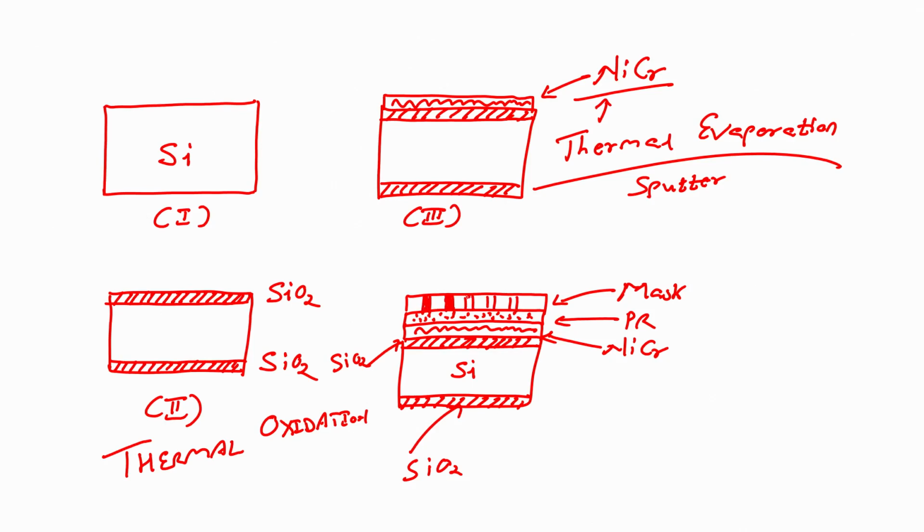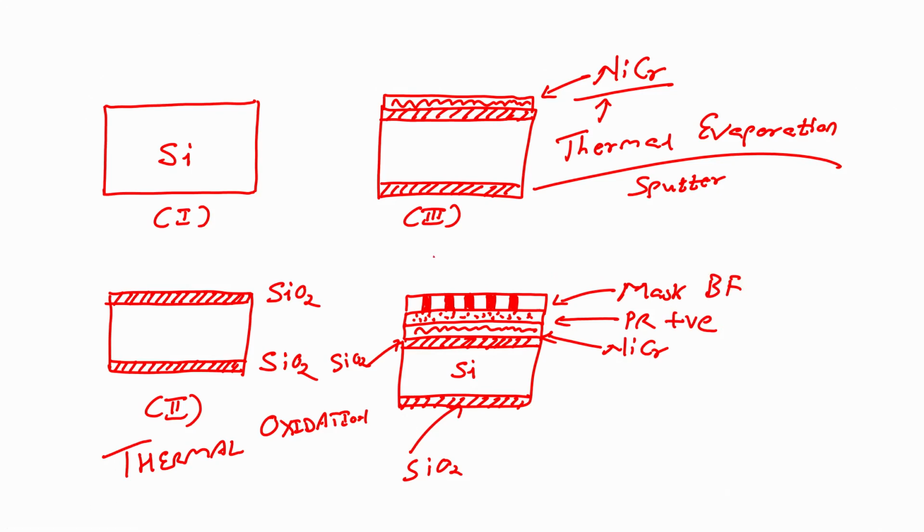You have seen in the lithography section, right, the importance of bright field and the importance of dark field. So, this is my bright field mask, and this photoresist is positive photoresist.